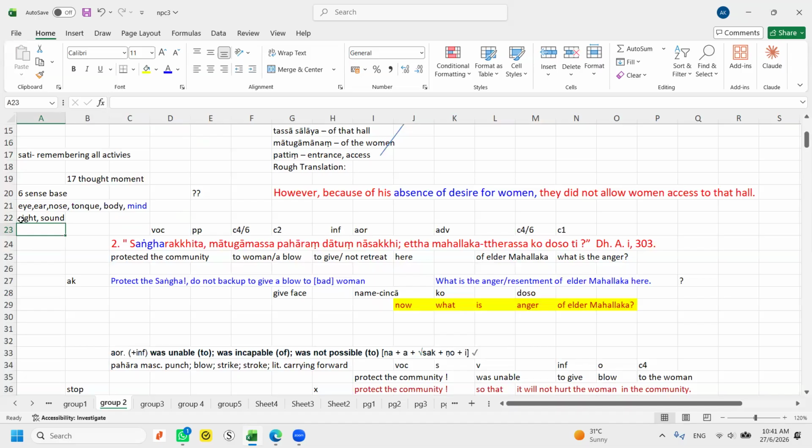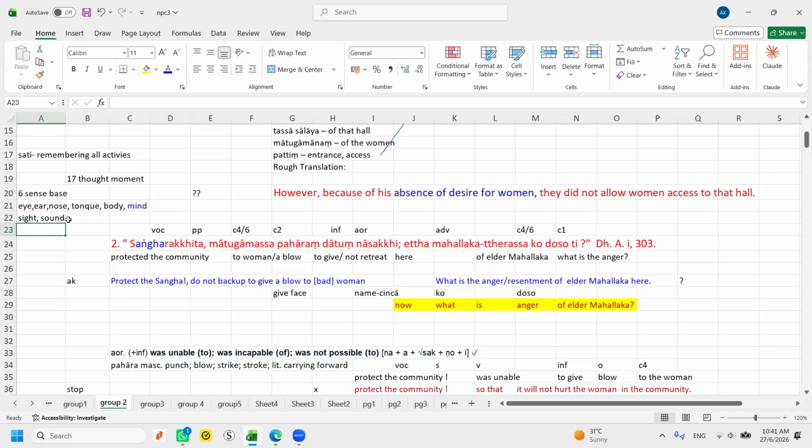After eye contact, feeling arises, pleasant or unpleasant. If it's pleasant, there will be sensual desire, attachment. If the feeling is unpleasant, there will be aversion, which is dosa.